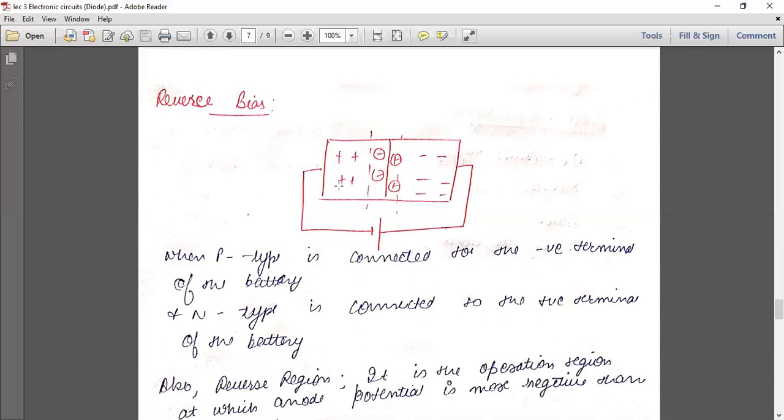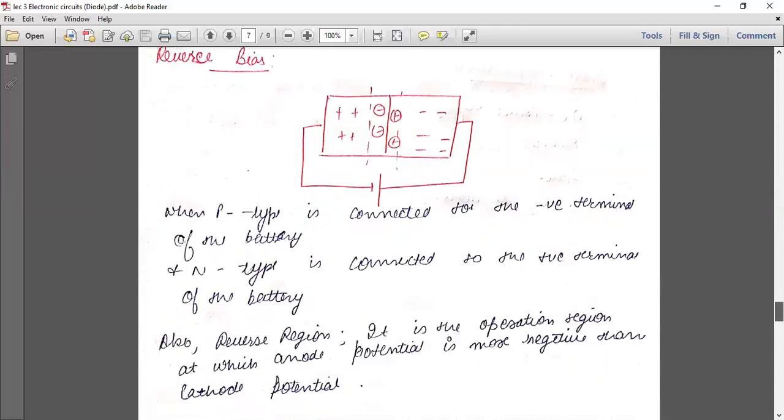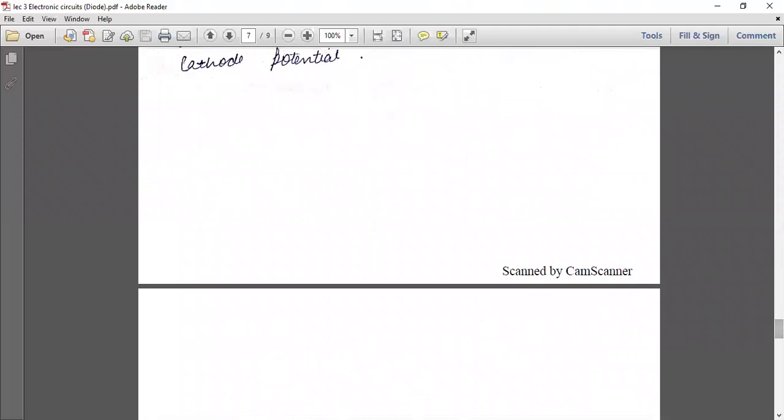A time will reach when the depletion region becomes so large that it stops the flow of holes and electrons in the circuit. Okay, so in the case of PN junction reverse biasing, only a very small amount of current flows, which will be easily understandable in the next slide, which is the characteristics of your diode.